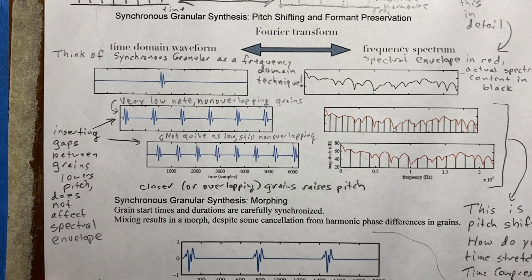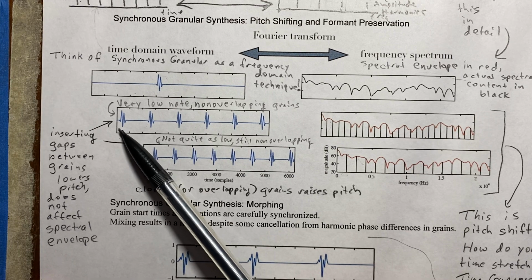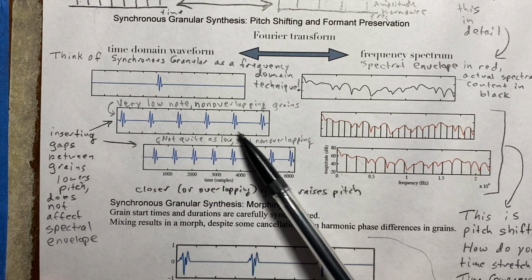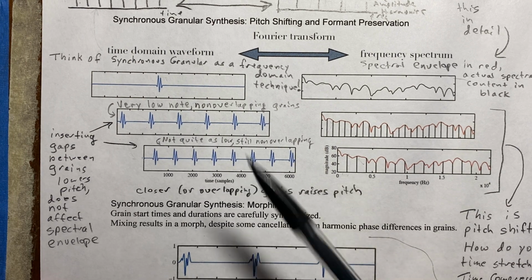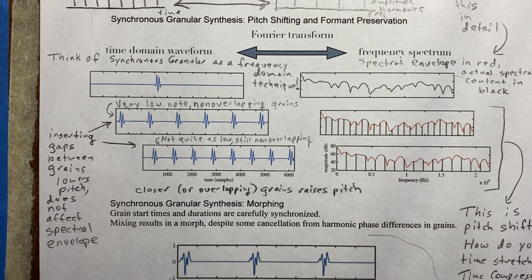They have opposite issues when you're playing very low notes in synchronous granular. It's very cheap because you have a grain and long quiet, grain, long quiet, grain, long quiet. So low notes are very cheap because you have non-overlapping grains, whereas high notes are very expensive because you might have as many as 64 overlapping grains all the time just to play one note. Additive sine wave synthesis is the opposite.